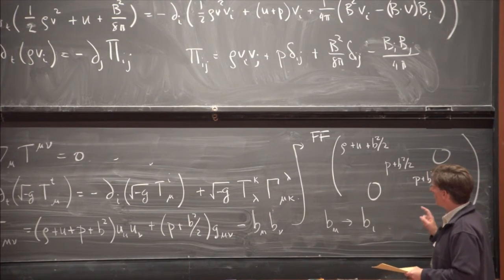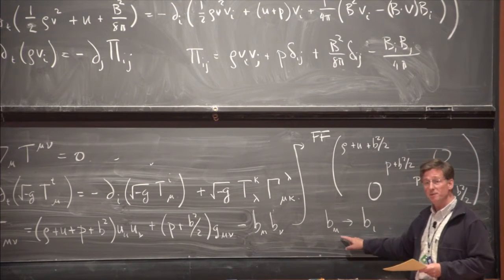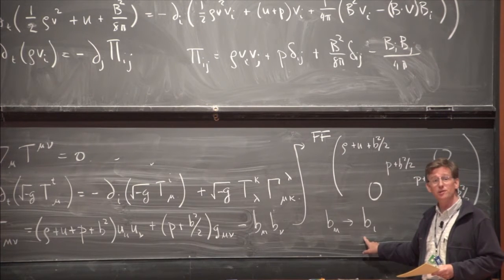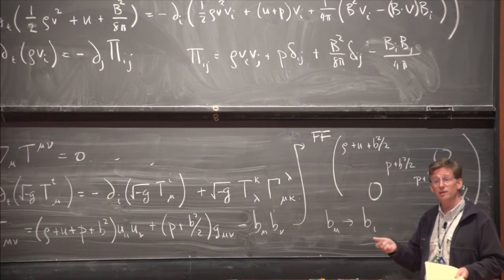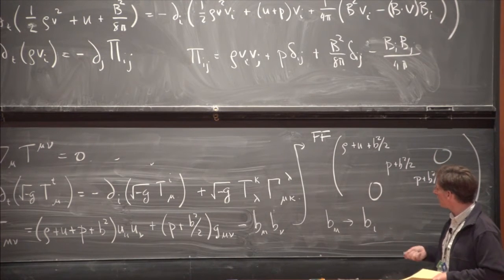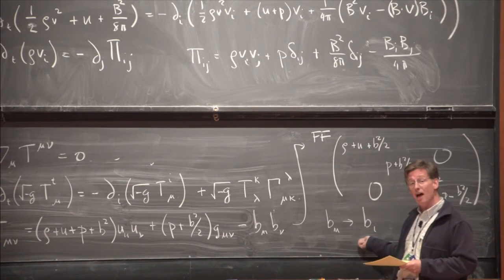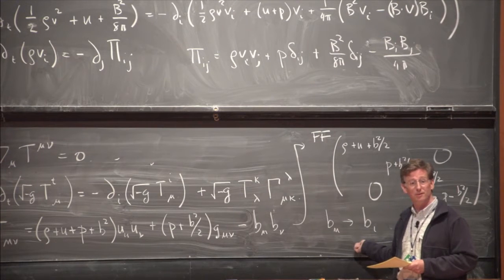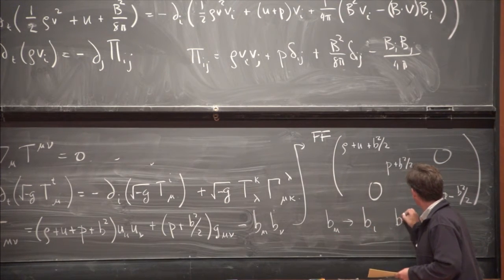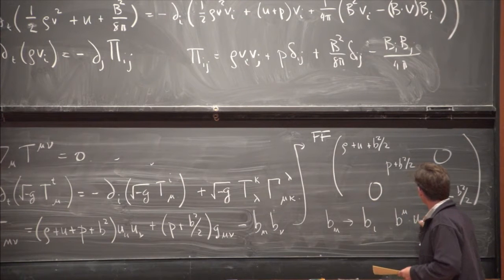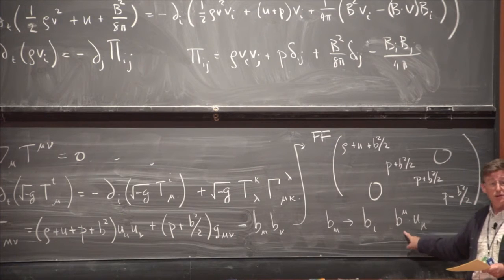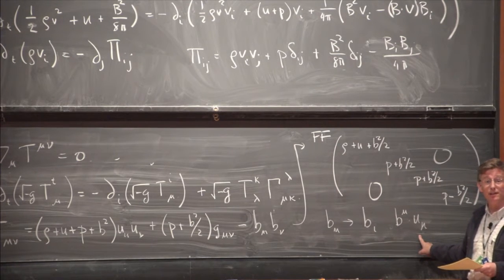Okay, so again in the plasma frame, the space components of b^μ reduce to the ordinary components of the magnetic field that you would measure with a measuring device, and the time component is 0. So there's a constraint on this 4-vector, b^μ dotted with u_μ, which allows you to pick out the time component in the plasma frame.